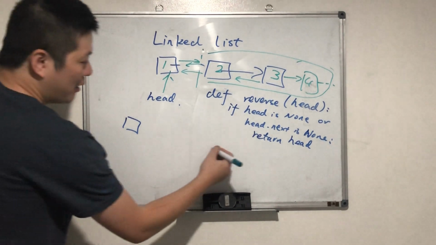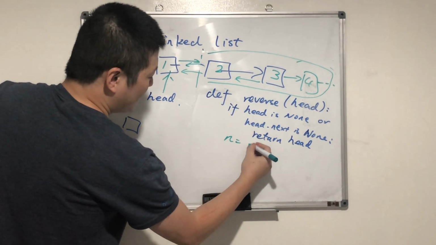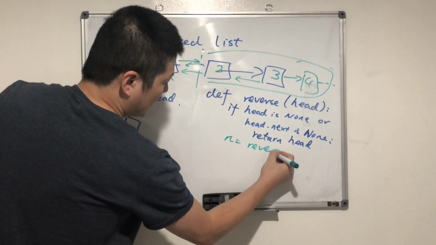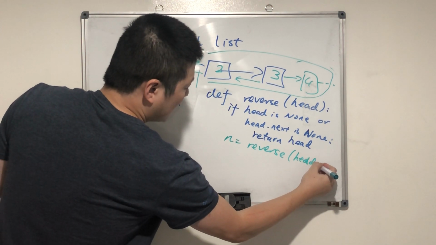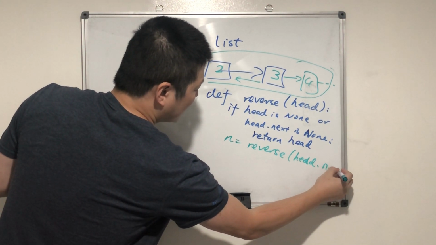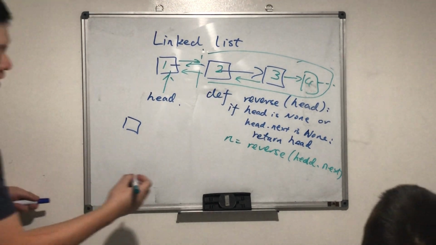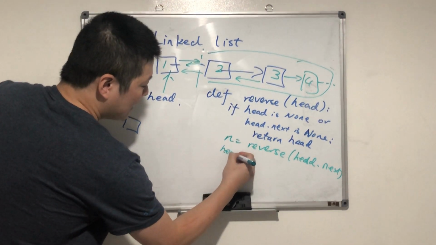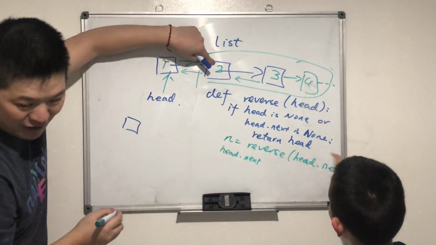So what we can do: n equals reverse head dot next. What's head dot next now? Head dot next is this now, right?